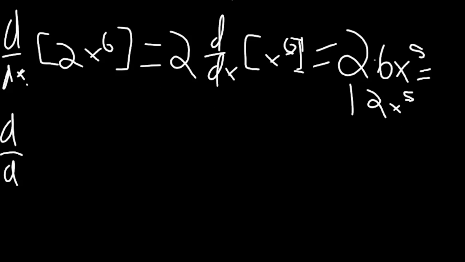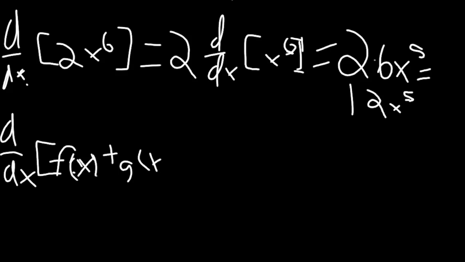Another rule: the derivative of f of x plus g of x. So the derivative of the function f of x plus the function g of x is just equal to the derivative.